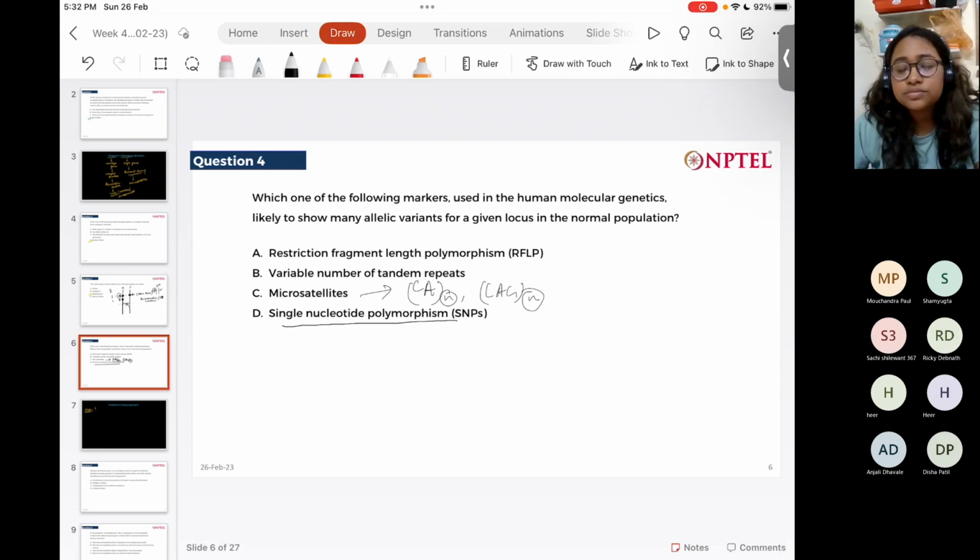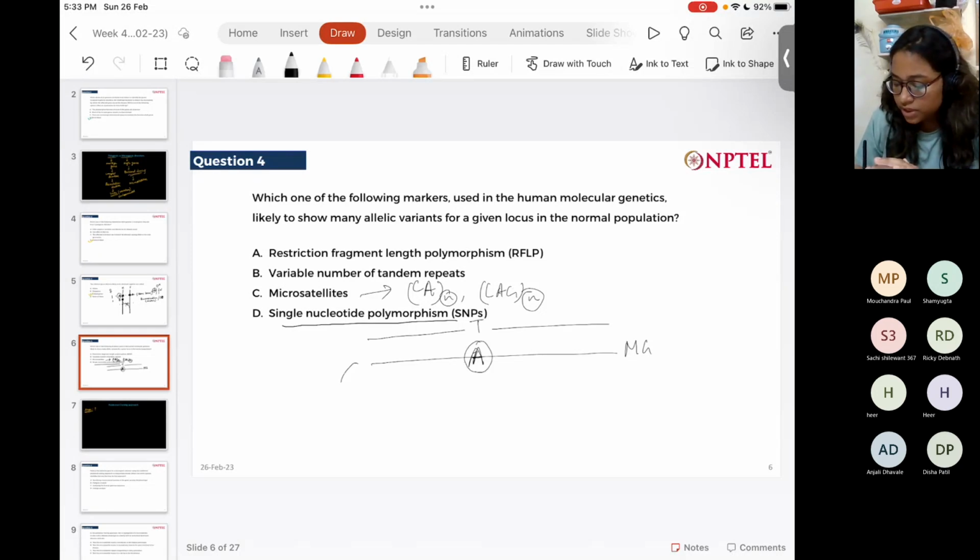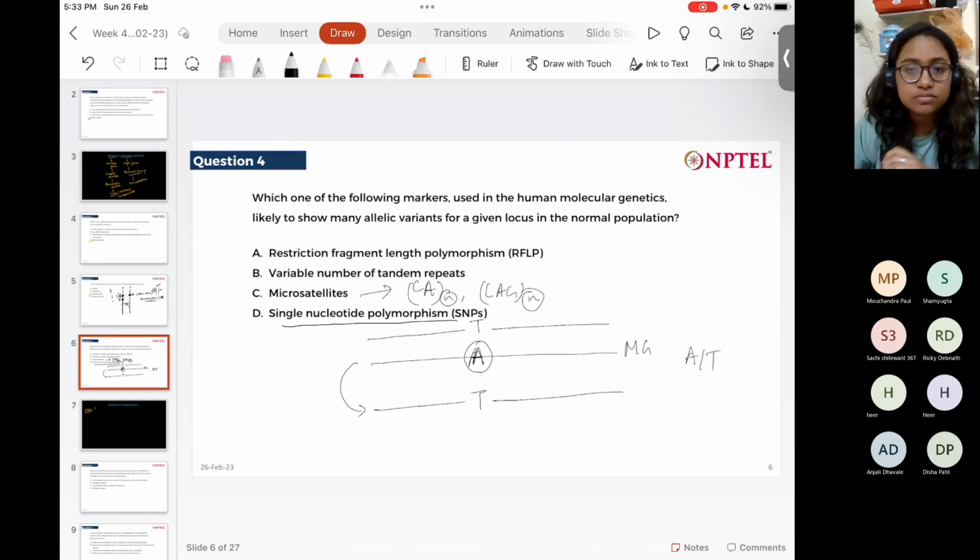But the thing is, SNPs at a particular location can have a maximum of 2 variants. Say this is the DNA sequence, and you found A, adenine, in the mutated gene where a mutation has happened, where the normal was T. So it can be either A or T, the SNP. Whereas with microsatellites, the number can be huge. Any number of repeats can be present.